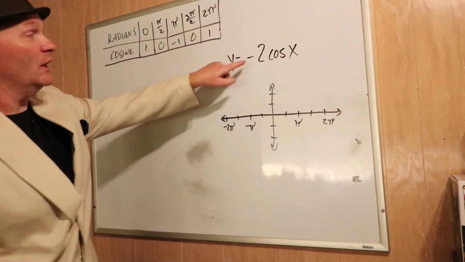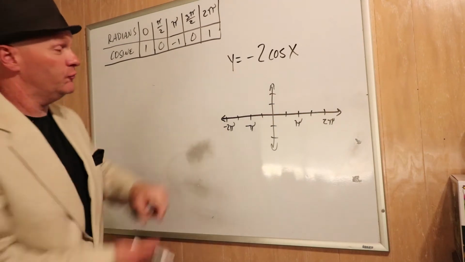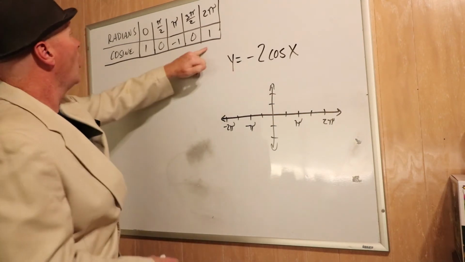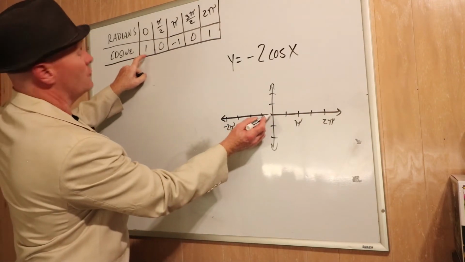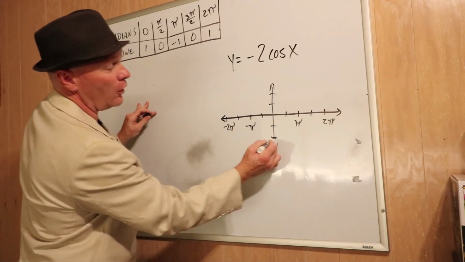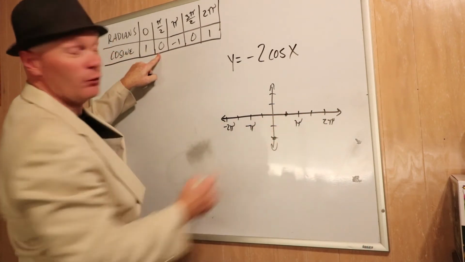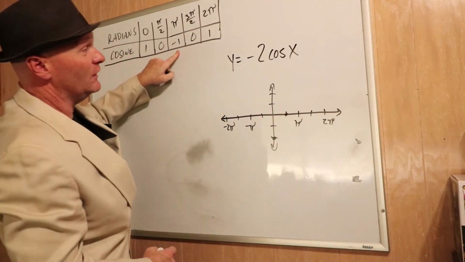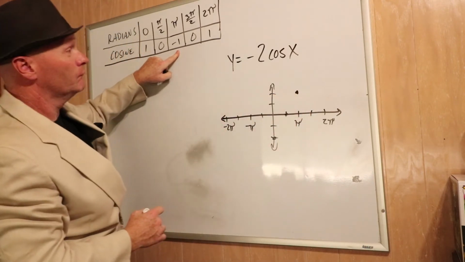All right, we have a reflection over the x-axis and a stretch of 2. So we're going to multiply all of our y values by negative 2. So instead of 0, 1, we're going to start down here at negative 2. It's going to still be 0 there. Instead of negative 1, times negative 2 is positive 2.